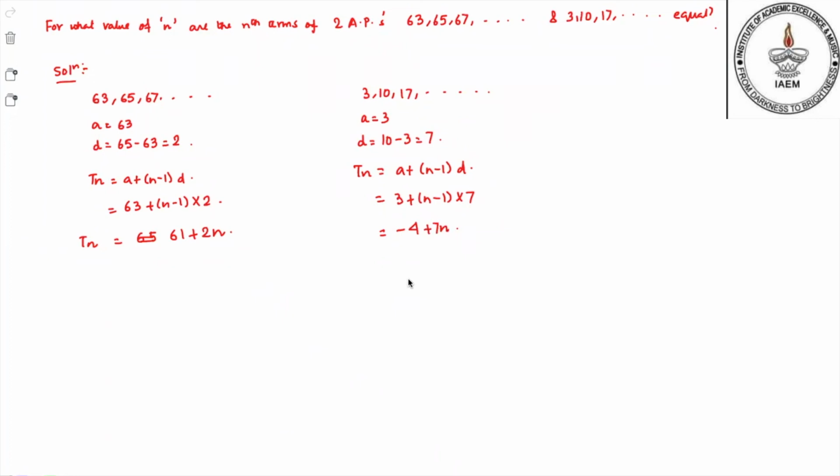Now it is mentioned that the nth terms are equal, which means 61 plus 2n and minus 4 plus 7n are equal, which means 65 equals 5n, implies n equals 13. That is, for the 13th term, the values of the two series would be equal.